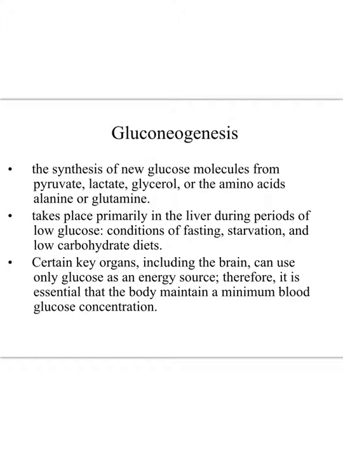And this might be from pyruvate. It might be from lactate, like you would see in the Cori cycle. This happens primarily in the liver, and it's happening during times that you don't have enough glucose in your system because you haven't eaten for a while.